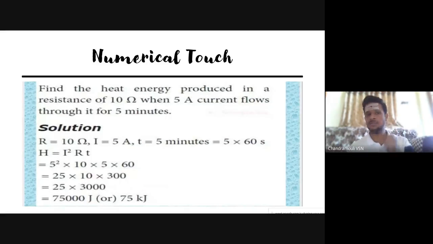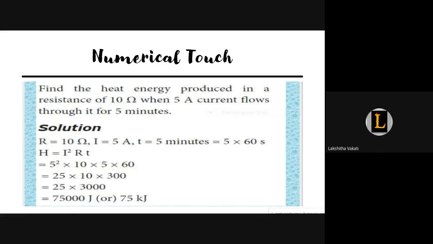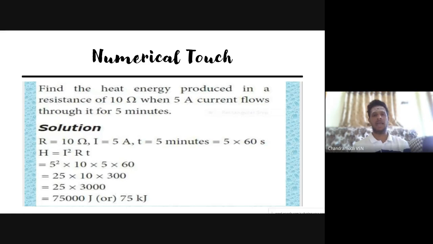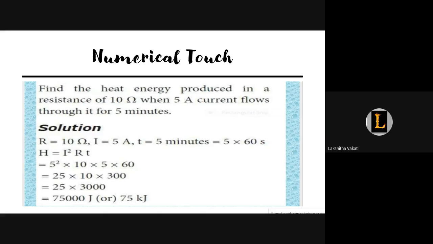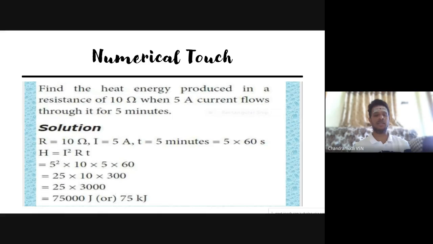See this formula. Find the heat energy produced in a resistance of 10 ohm when 5 A current flows through it for 5 minutes. The formula is H is equal to I square RT. They gave I as 5, so substitute 5 square into resistance 10.